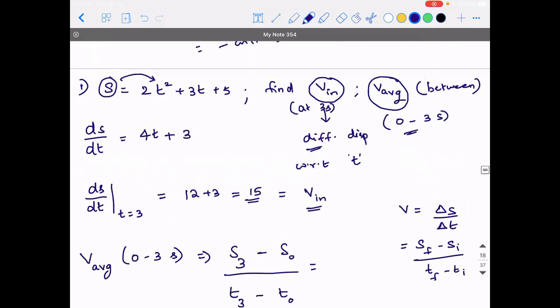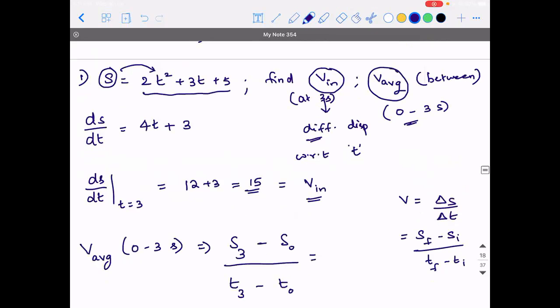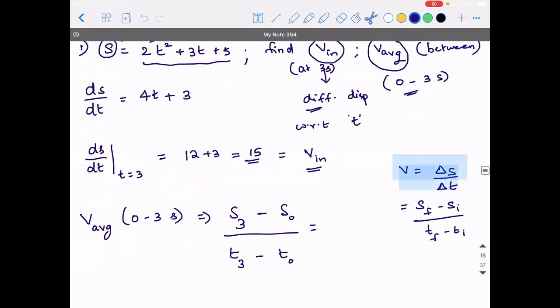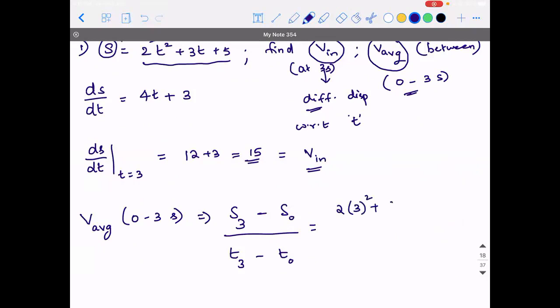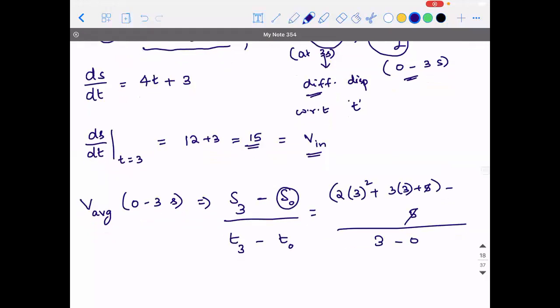So what is S3? I need to find the value of S at t is equal to 3. It is 2 into 3 square plus 3 into 3 plus 5, minus S naught, which is only 5, divided by 3 minus 0. So 5 and 5 will get cancelled.